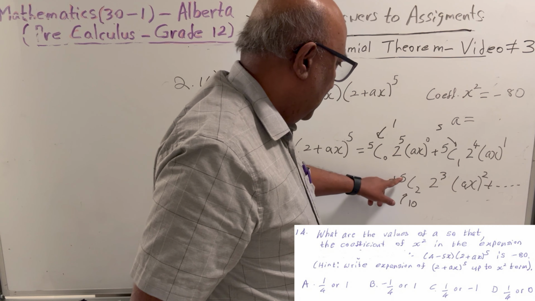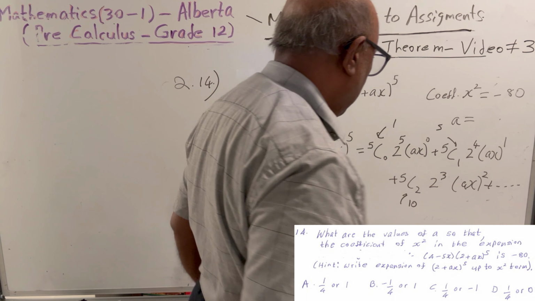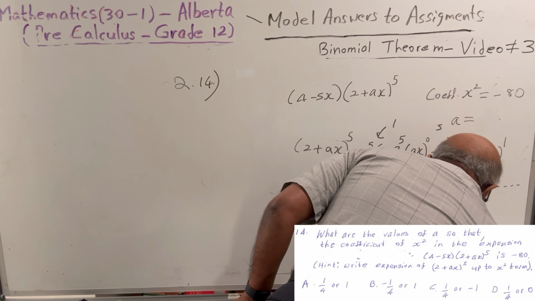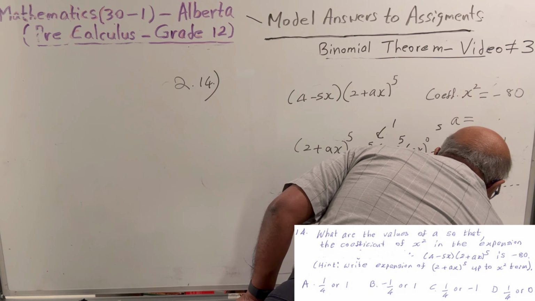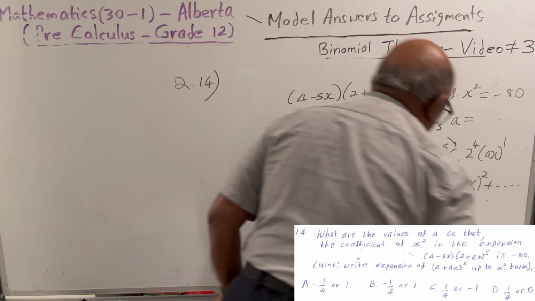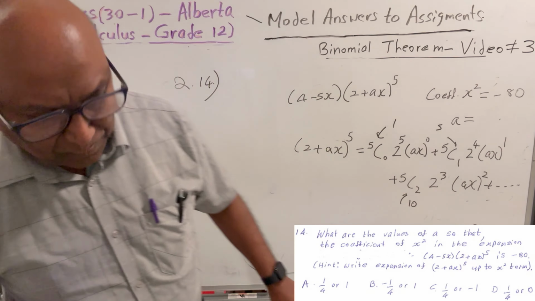Here 10 times 8, 80. Here also we are getting 80a squared x squared. Okay, that means we have 3 terms in this expansion.